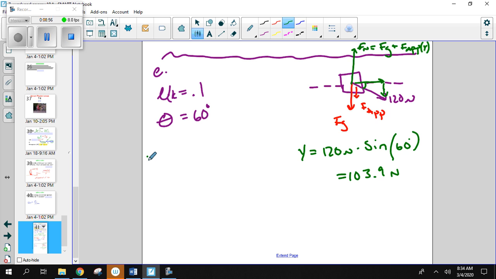Well, the force of friction should equal the coefficient of friction, kinetic, times the normal force. So I need to know what the normal force is. So our normal force should be the force of gravity, which should equal our mass, 30, times 9.8. Forgot if it was 30 or 35.